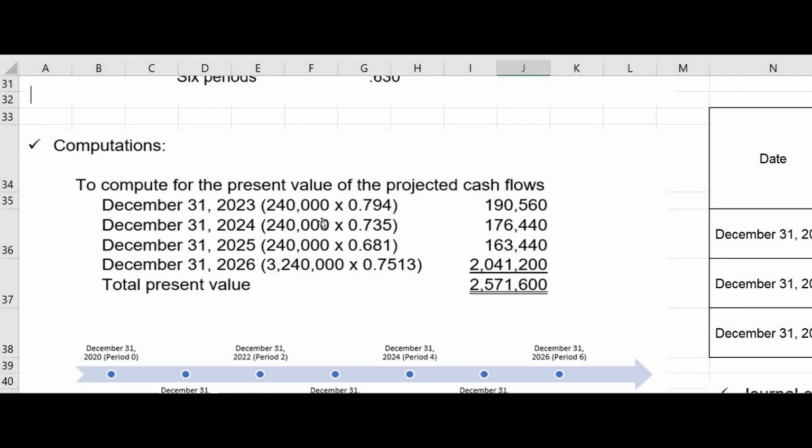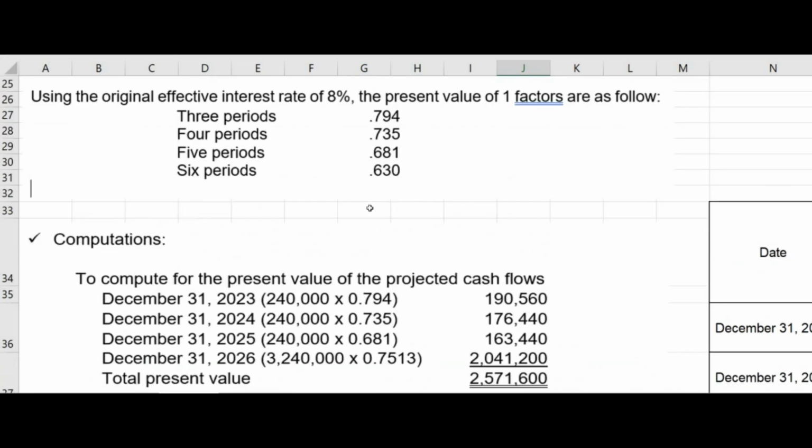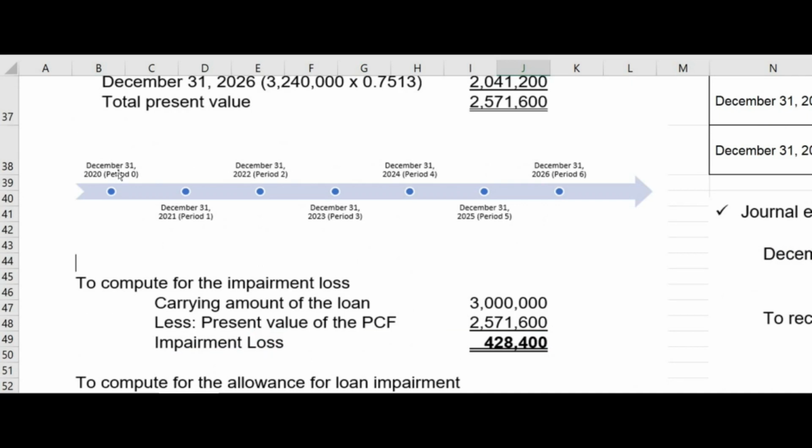So for your December 31, 2023, ang ginamit natin na factor ay period 3. So bakit period 3? Because looking at this timeline, no? So dito natin nalaman na hindi makakabayad si customer or si borrower for the next 2 years.